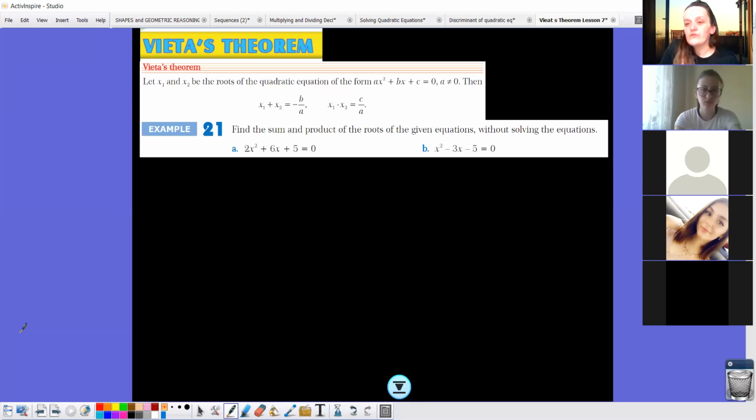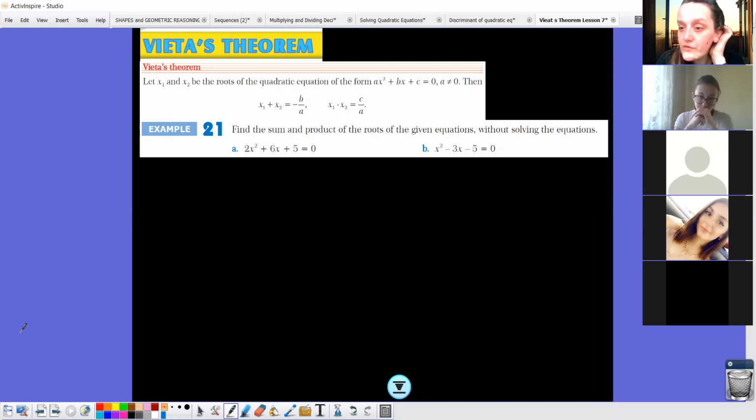When we know our roots, we can find the sum and the product of the roots from the equation with these formulas. For example, it says here x1 and x2 are the roots of the quadratic equation, and then x1 plus x2 is equal to minus b over a. x1 times x2 is equal to c over a.